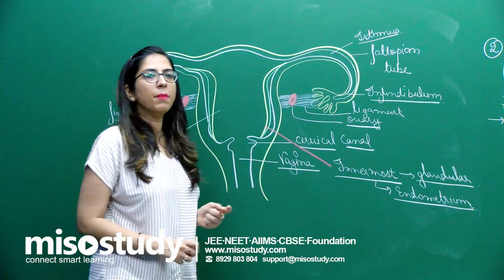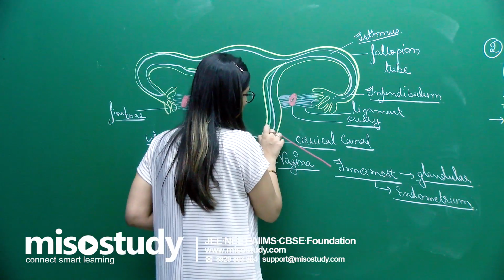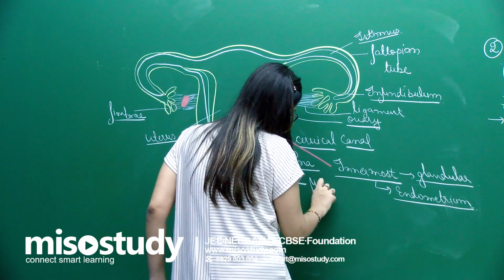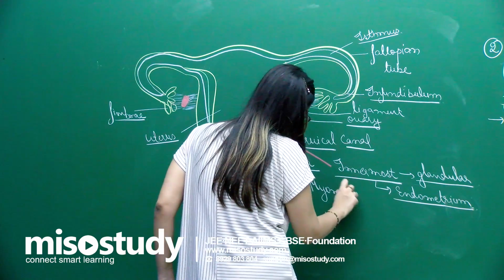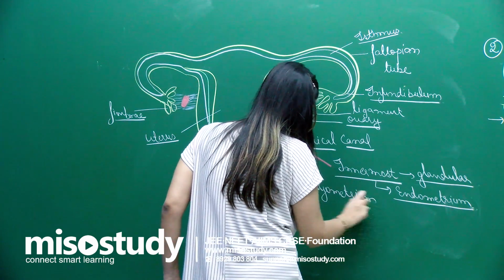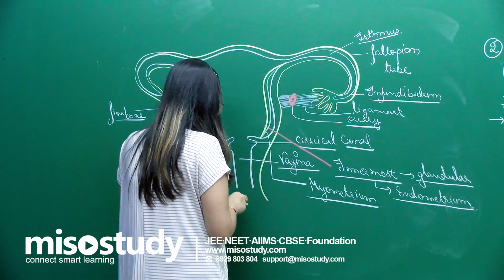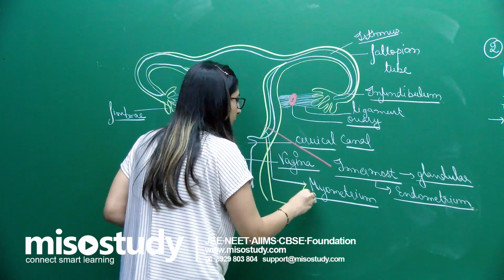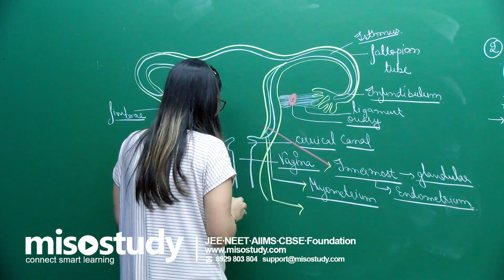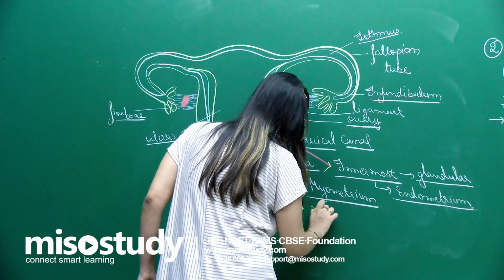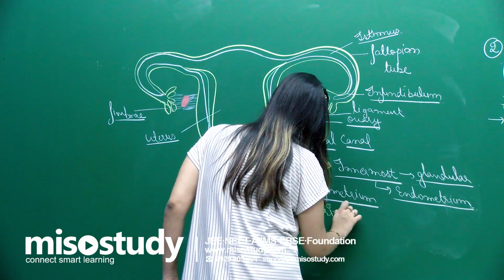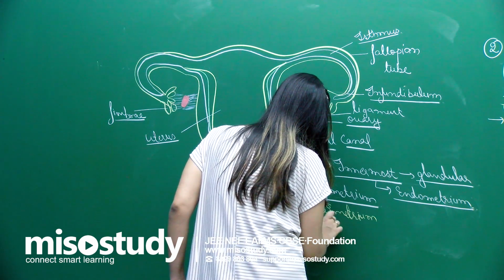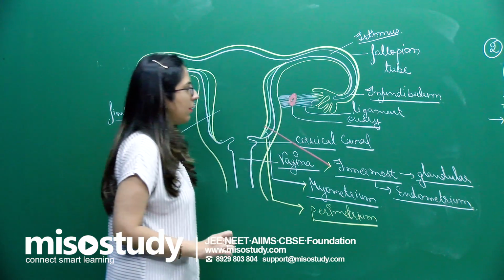Below the endometrium, the myometrium is present, so I am labeling it as myometrium. After that, one more last layer is called the perimetrium.